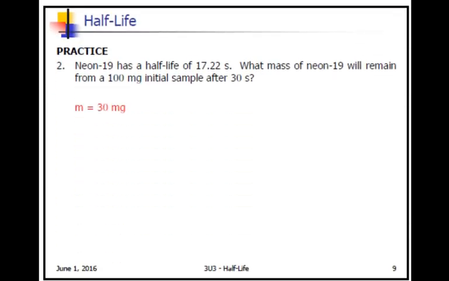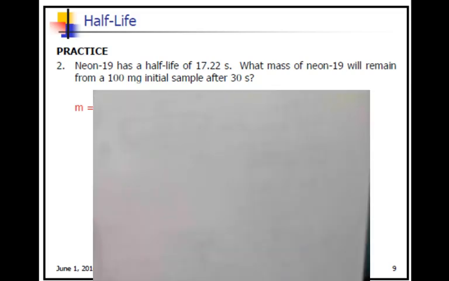So let's look at this question. Neon-19 has a half-life of 17.22 seconds. What mass of neon-19 will remain from a 100 milligram sample after 30 seconds? So let's check this out here.